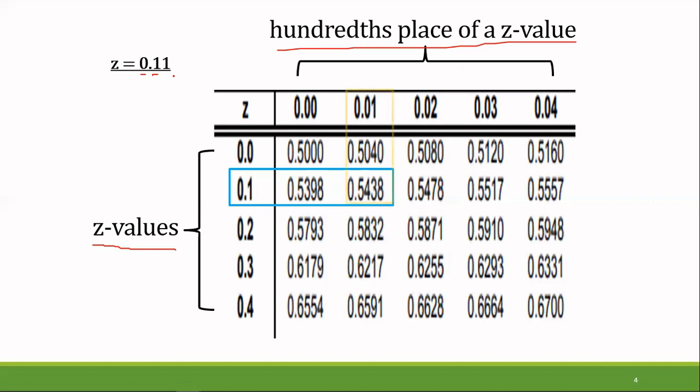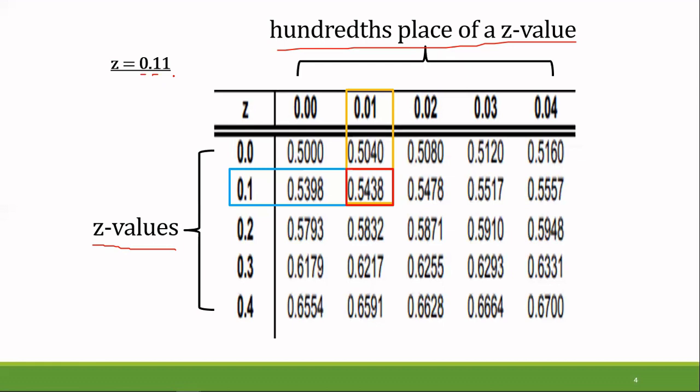There it is. The intersection of these two will be our value, or the area of our z value. So when z is equal to 0.11, the area under that region is equivalent to 0.5438.